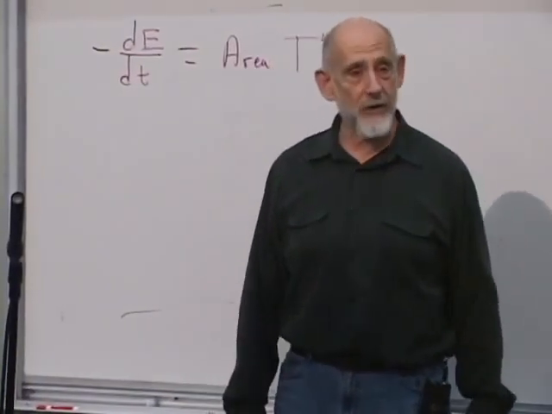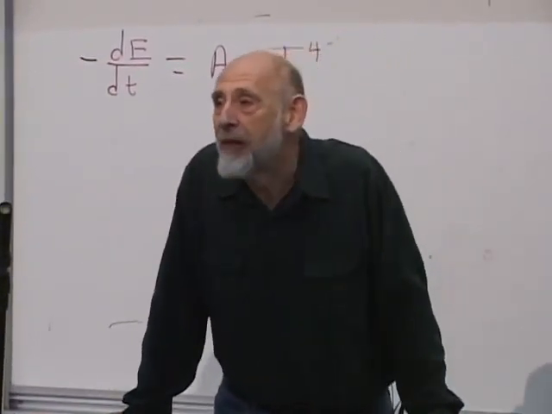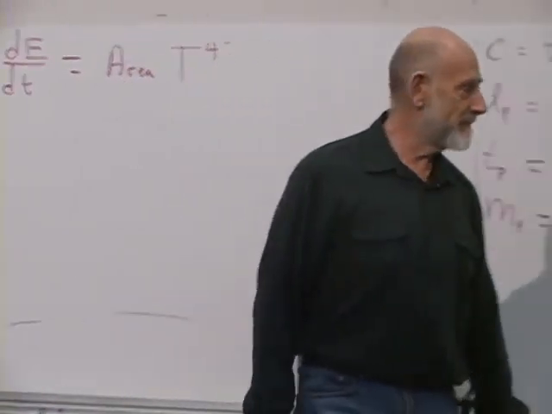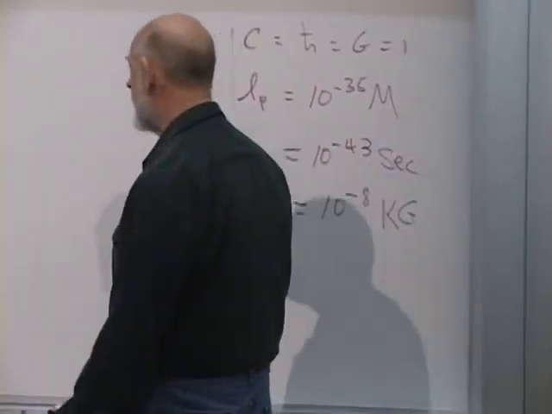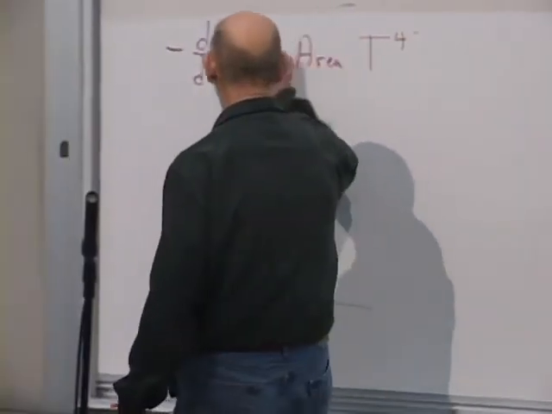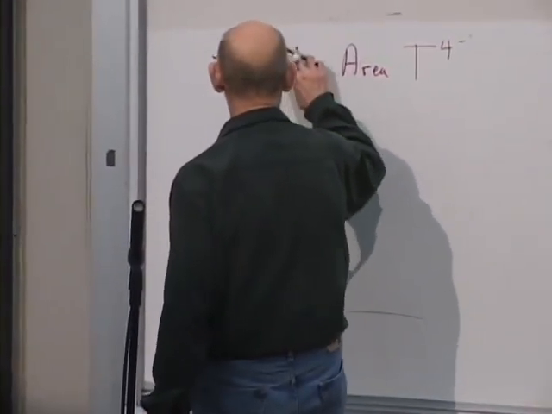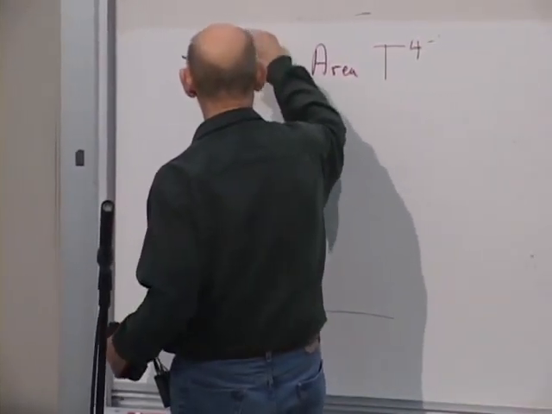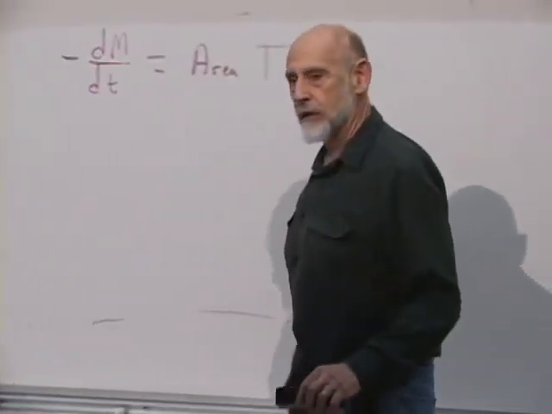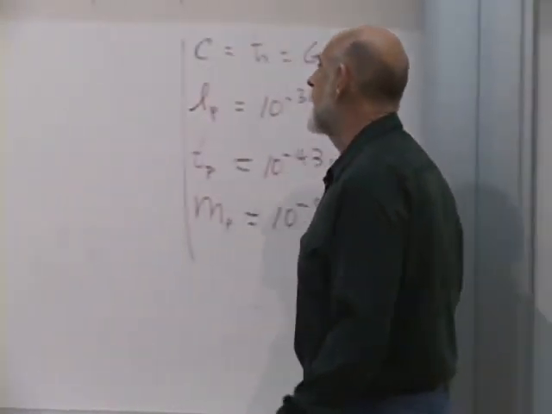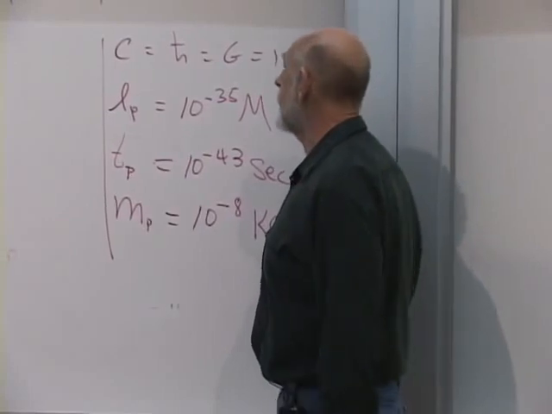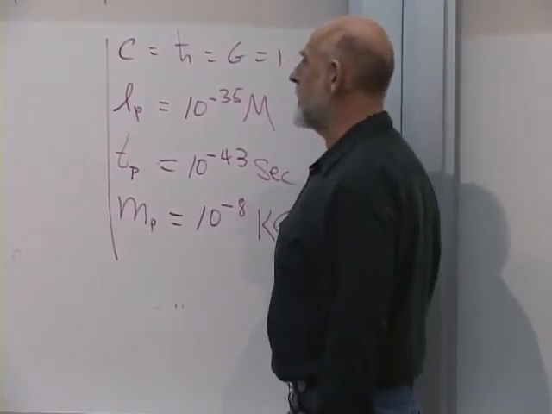Now, energy is mass. E equals mc squared, but c is 1. So E is m, and we can write this as the rate of loss of mass. The loss of mass per unit time is the area times the temperature to the fourth. What is the area?